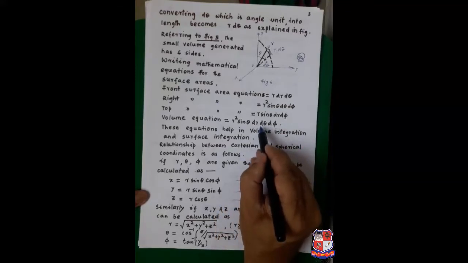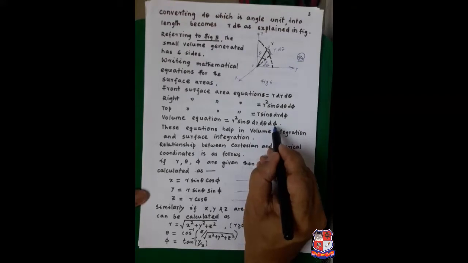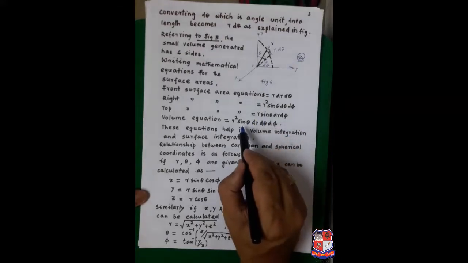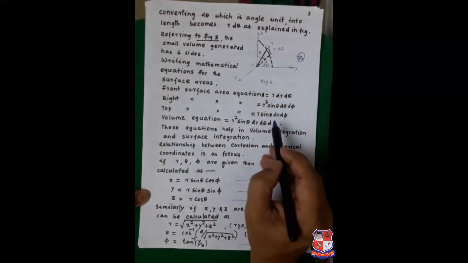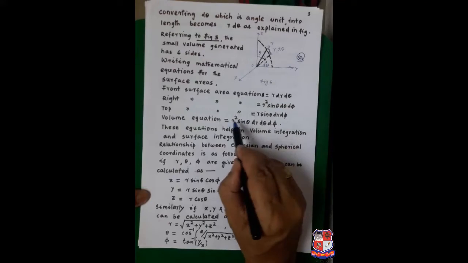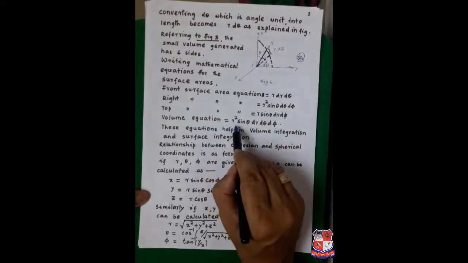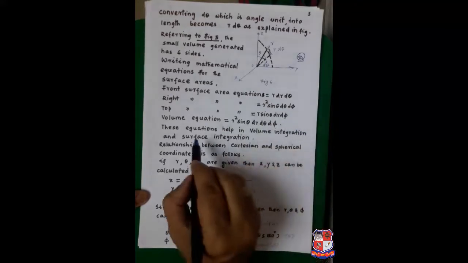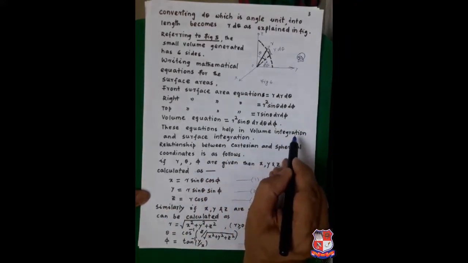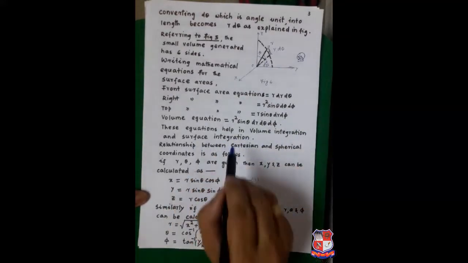The d phi term has to be taken as r sin theta d phi, and for theta, as you see here, it is r d theta. So in whole, the volume equation will be r square sin theta dr d theta d phi. These equations help you when doing volume integration as well as surface integration.